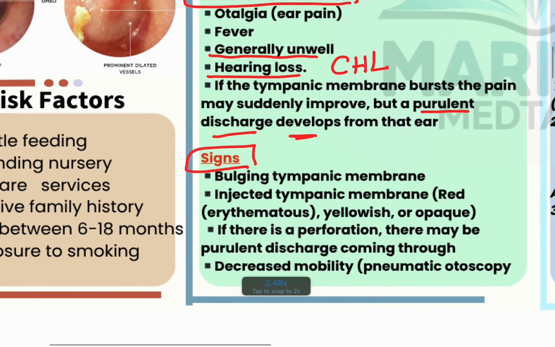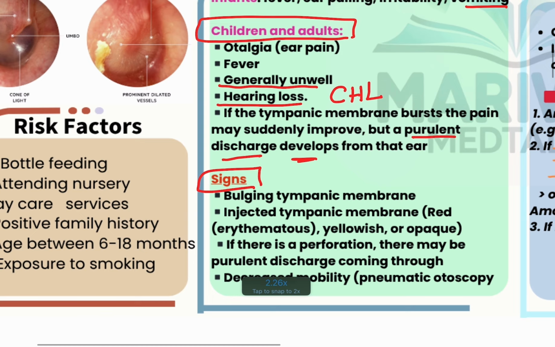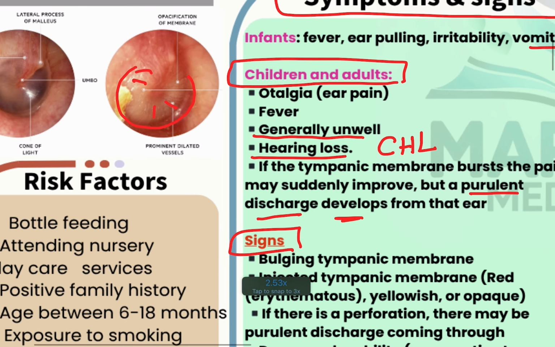So what are the signs then? The signs usually consist of a bulging tympanic membrane, as it appears here. It's bulging, an injected tympanic membrane with dilated visible vessels.